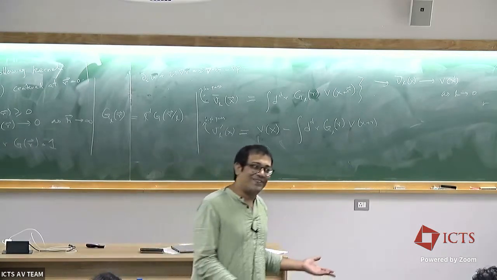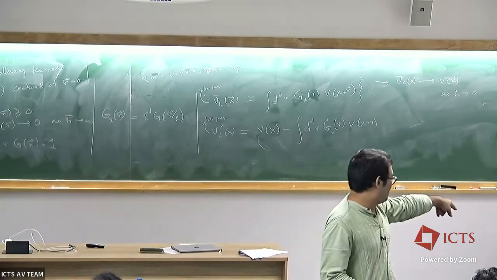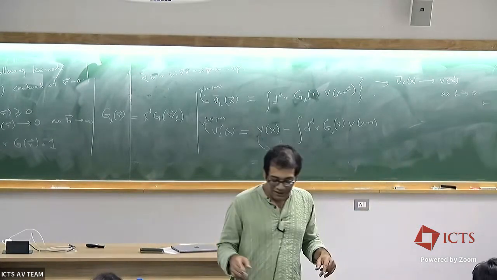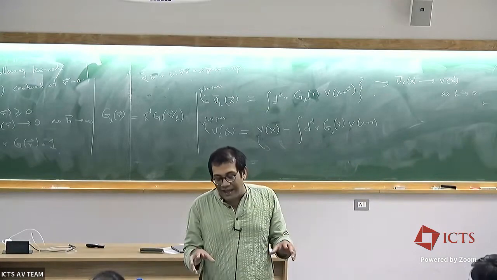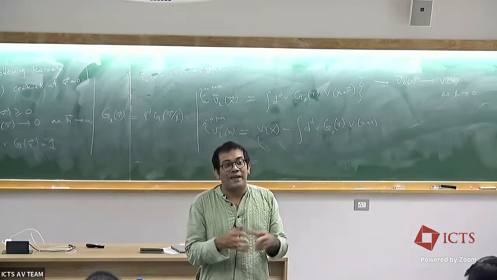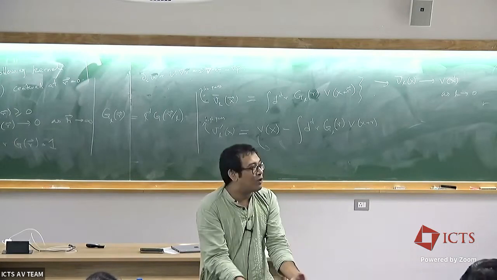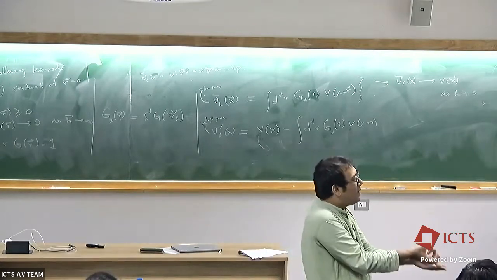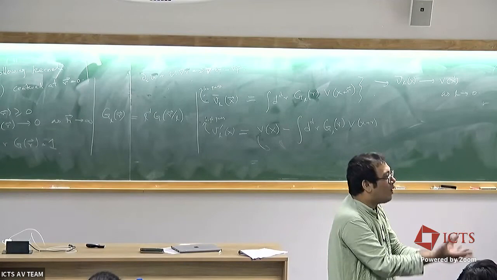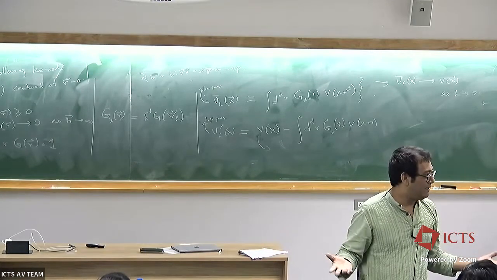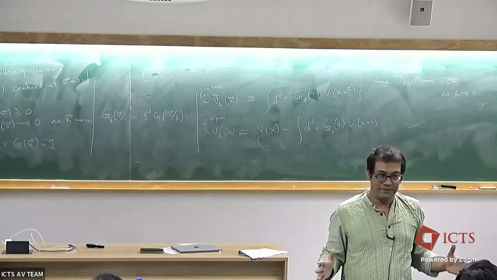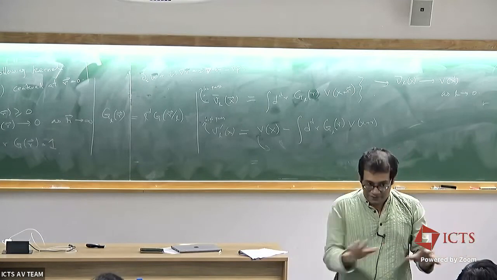Now I take the velocity field, I multiply with this Gaussian filter around x, and I'm going to get an average velocity over a length scale L. That's all I'm doing. Okay, does that make some sense?